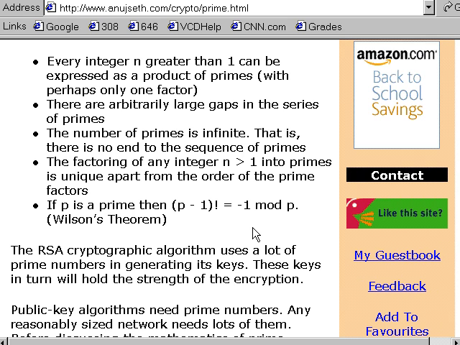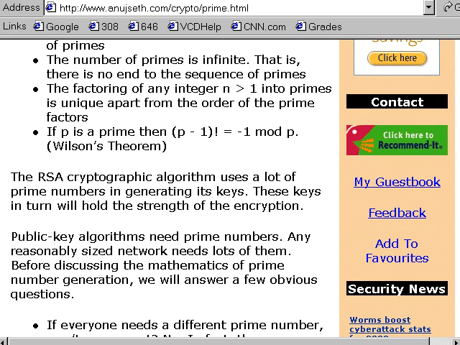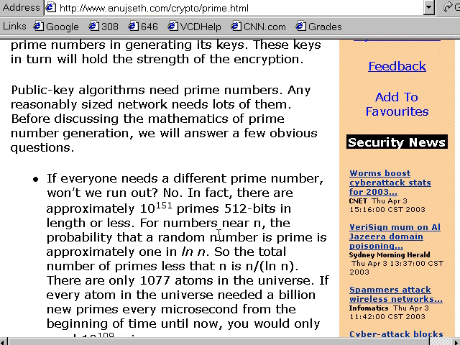Now there are actually theorems that relate to how many primes are in certain intervals, and if you look at 10 to the 512 or 2 to the 512, yeah, here we go. There are approximately 10 raised to the power 151, that's more than a googol, primes which have 512 bits or less.